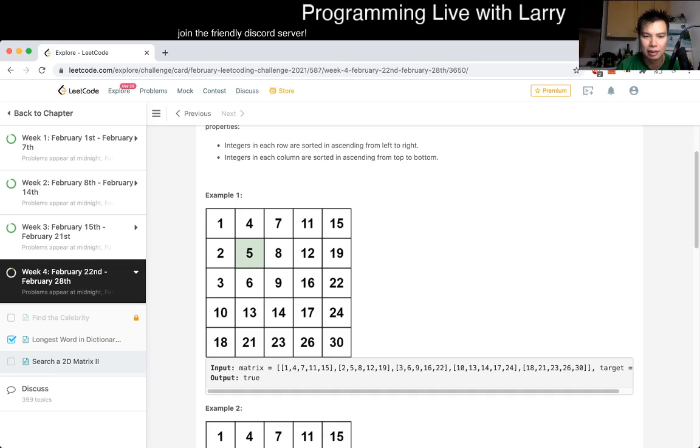Let's say we're looking at the cell 3. That means that all the numbers under it are no good, and not even just under it, to the right and under it are no good, right? Wait, is that true? No. What am I talking about?